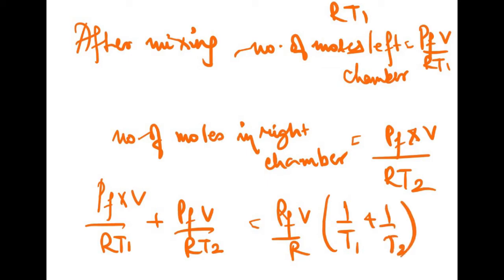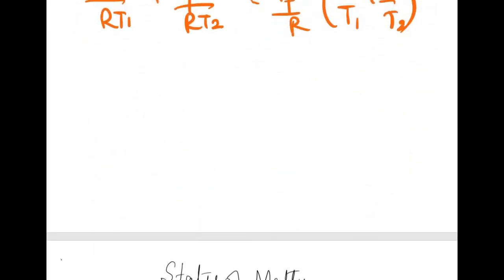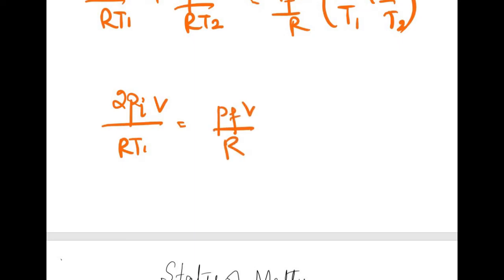Right? Now, as the total number of moles is constant before and after mixing, we can write 2 Pi into V by RT1 equal to PF into V by RT1 plus PF into V by RT2.